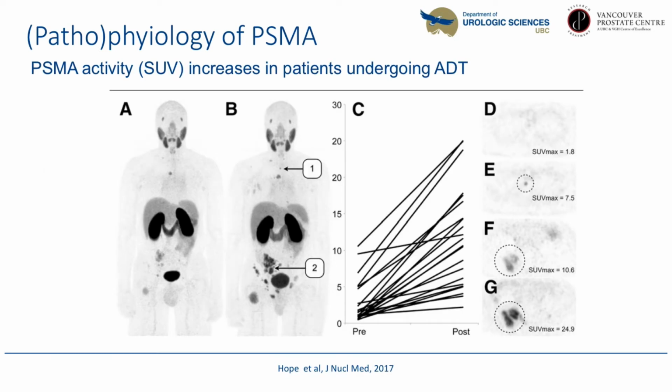And then there is another interesting background work out there that looked at PSMA activity under androgen deprivation. What the authors of this study first did is that they looked at tumor-bearing mice who were treated with either an androgen inhibitor, orchiectomy, or a vehicle.